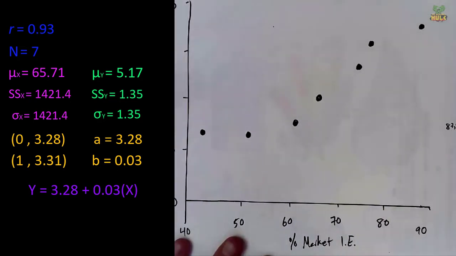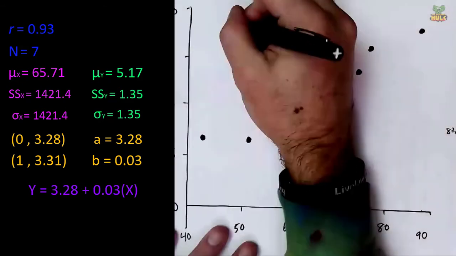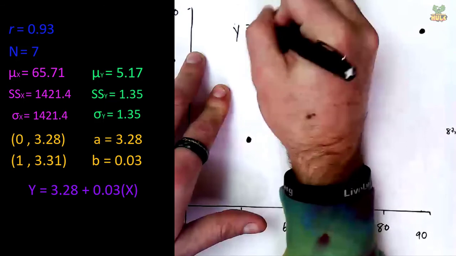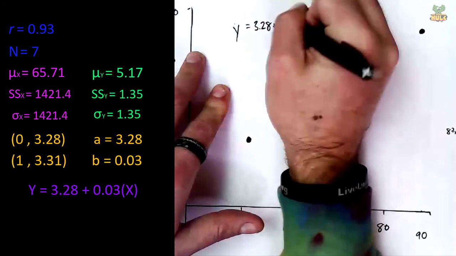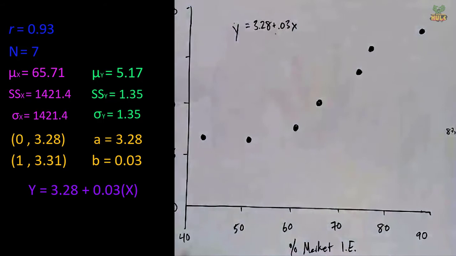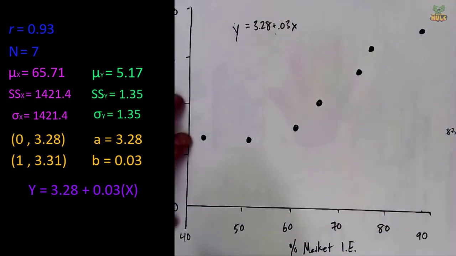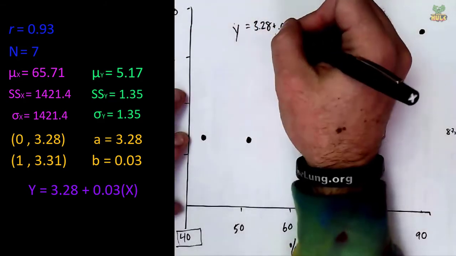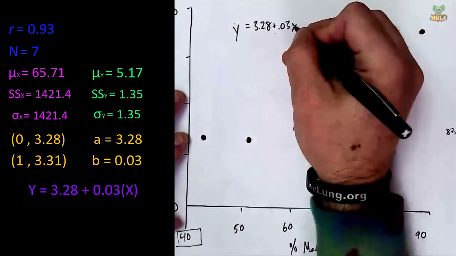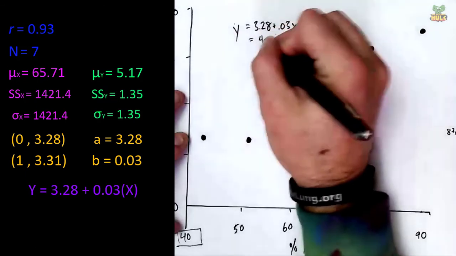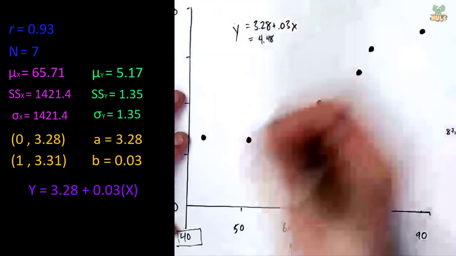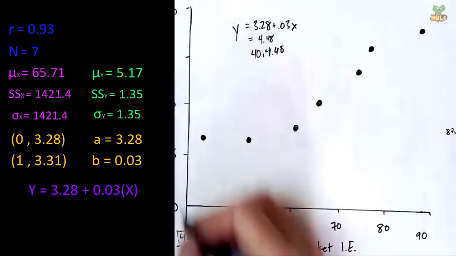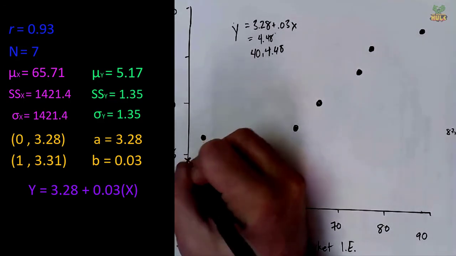And now, let's talk about how we can use our regression equation on here. So, y is equal to 3.28 plus 0.03x. It's useful if you pick some x's that are already in your range here. So I'm going to pick a spot for 40, right? And I'll say when I plug this in for 40, right? So put 40 in for x, solve that through. Y would be 4.48. So that would be 40, comma 4.48. So roughly here.